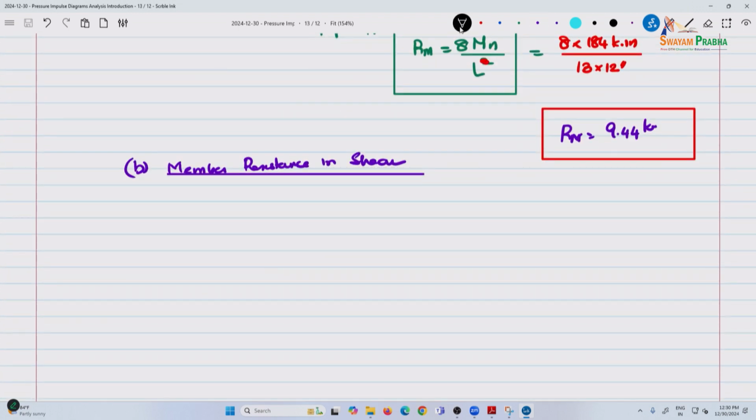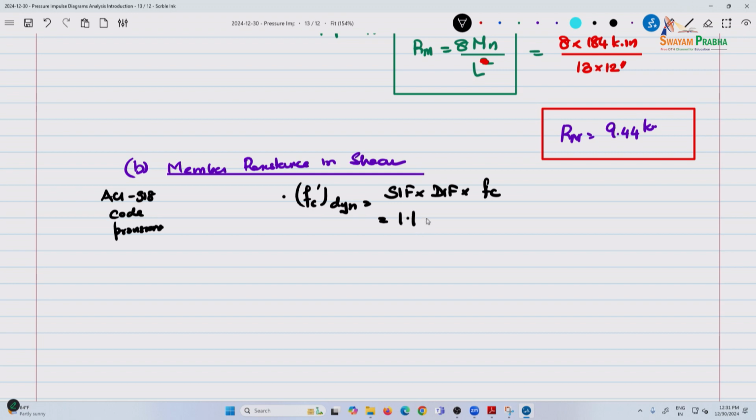So, the member resistance in shear, again these are ACI 318 code provisions. f'c dynamic is now SIF multiplied by DIF multiplied by f'c. Now, in shear, the SIF is still considered, but the DIF is 1.0.